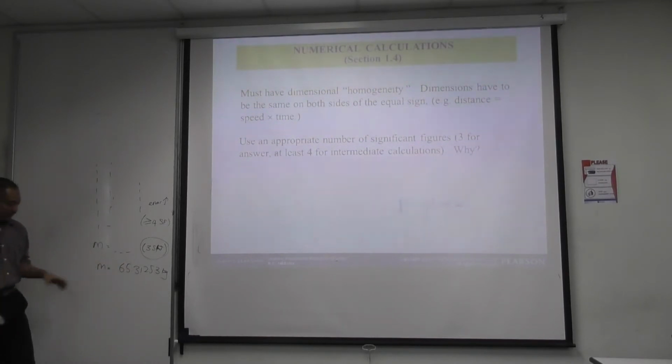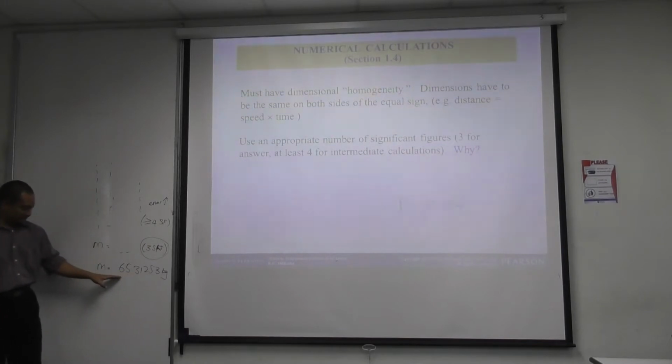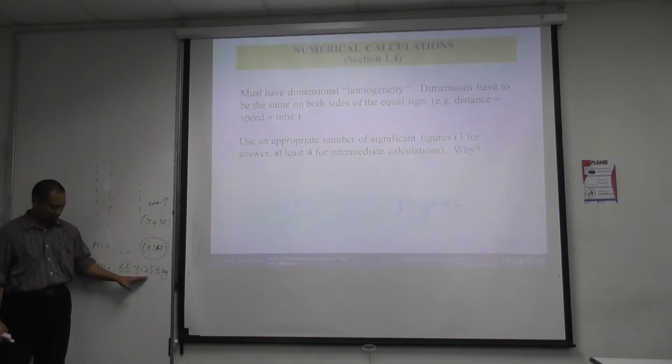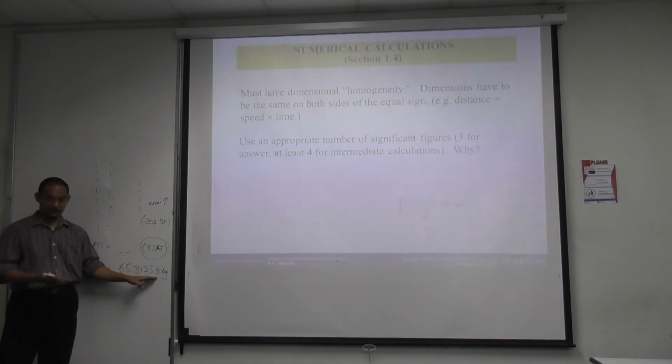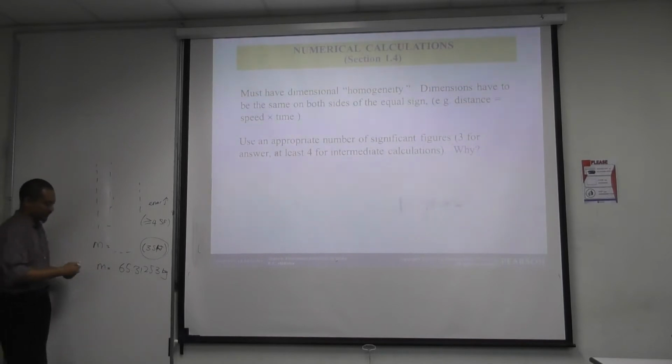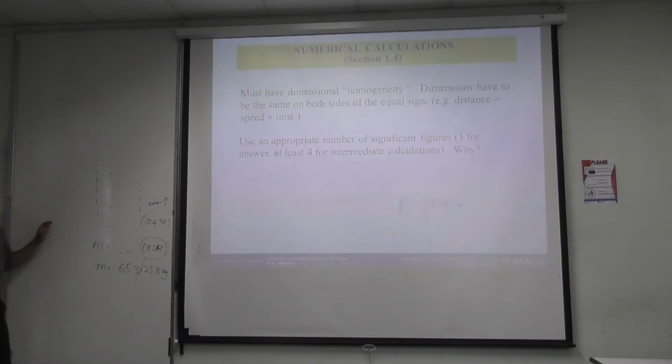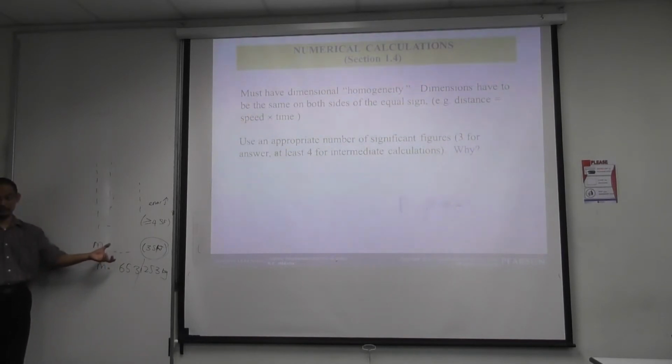Now, if someone asks this, the big question is, is there any measurement that can give you this number? It doesn't exist in the real world. So normally the measurement that can give is 3 significant figures. This is differentiating between an engineer and those who are just calculating stuff. If you calculate, obviously your calculator will give you the number.